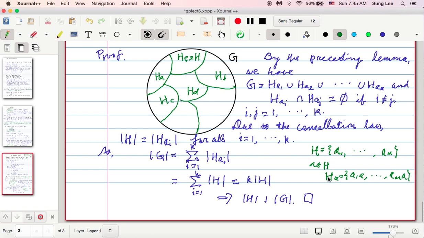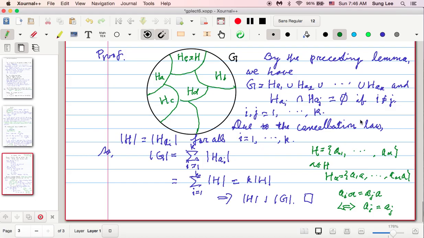In that case, we know that a_i a equals a_j a if and only if a_i equals a_j, because groups satisfy the cancellation law. In this case it doesn't matter because H is already a subgroup, so a inverse also exists in H.